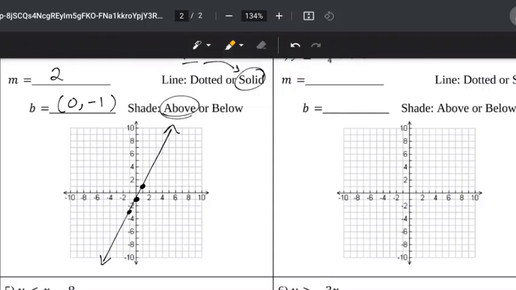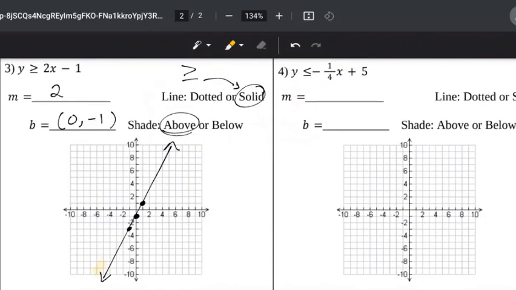We are shading above the line because it's greater than. And there we go. And once again, greater than means we're shading above the line because any solution to this inequality can be found in that shaded region, but also on the line because it's or equal to.